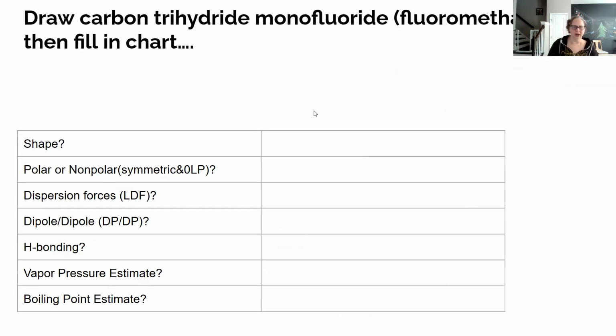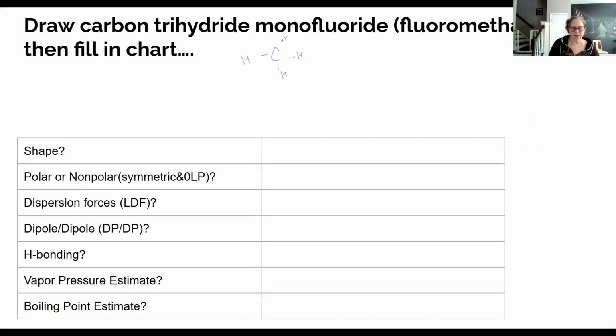Draw carbon trihydride monofluoride. Carbon with 3 hydrogens and 1 fluorine. Let me draw that fluorine somewhere else so you can see it. Fluorine has 7 valence electrons, so we have to show that on here. Those 7 valence electrons give it a very, very negative pole.